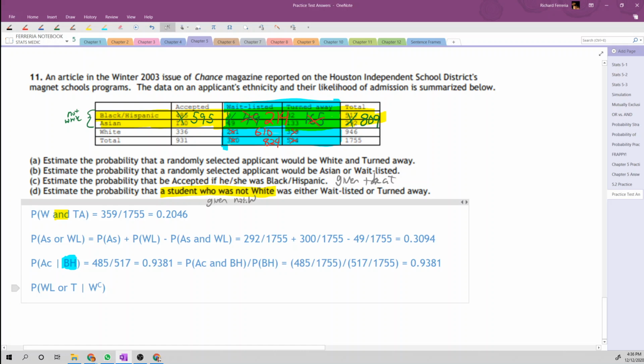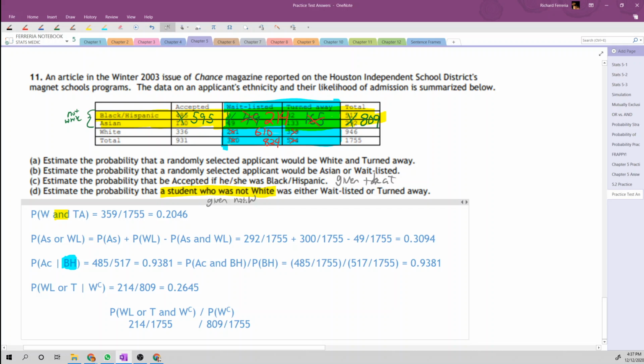So the easy way to do this is to say this is 214 students who were not white were either waitlisted or turned away, out of a total of 809 students who were not white. And that gives us 0.2645. This one turned out to be a lot easier if we didn't worry so much about the formula.